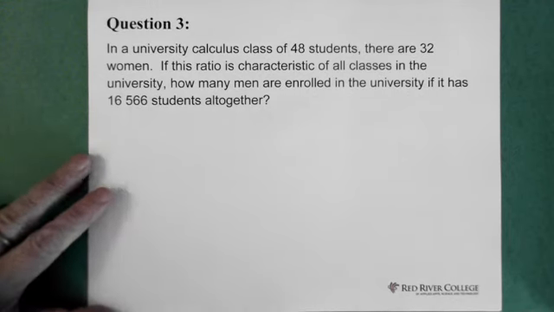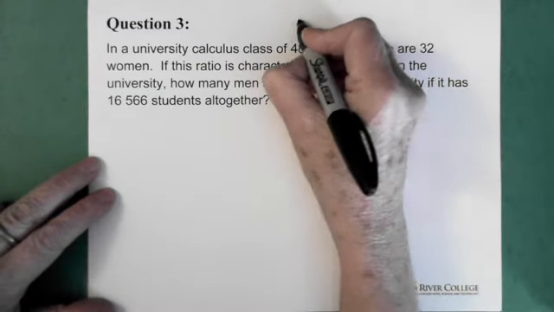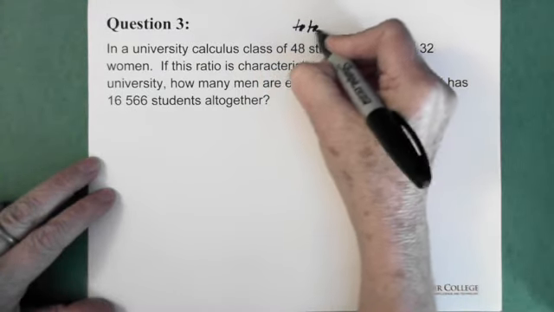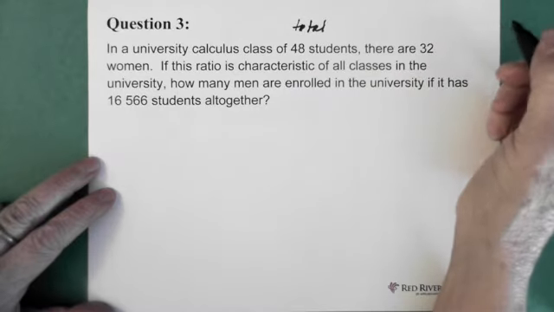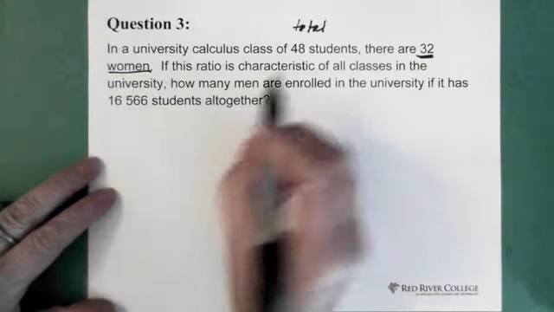This question says that in a university calculus class of 48 students, so this is the total number of students, there are 32 women.